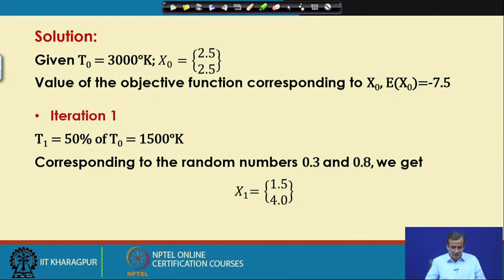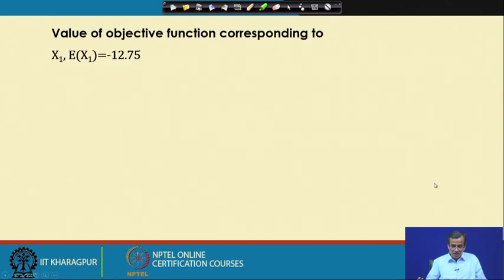And once you have got this 1.5 and 4.0, you substitute in the expression of the objective function and then you will be getting the function value, that is E x 1 is minus 12.75. Now, we compare E x 1 with E x 0.